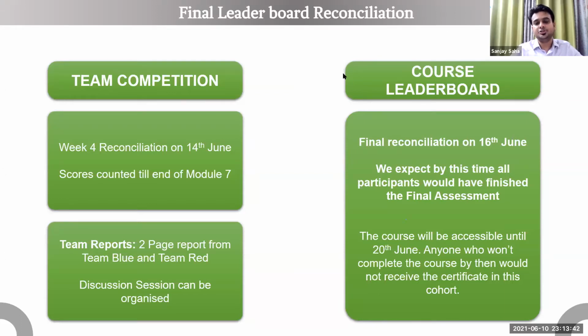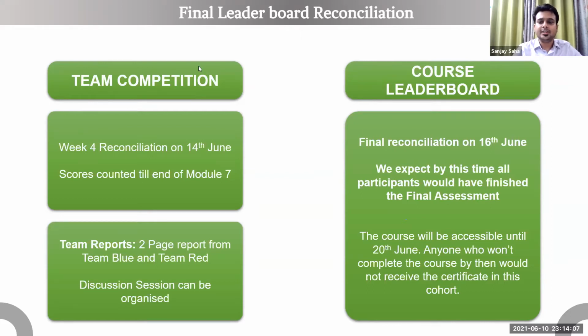Each team should prepare one report. To prepare those reports, we are happy to organize a discussion session like we had done for the week 3 assignment. We will give you some dates, and then whatever you choose, we will organize the session for you. We will put that as a discussion in the platform, and you can respond accordingly.